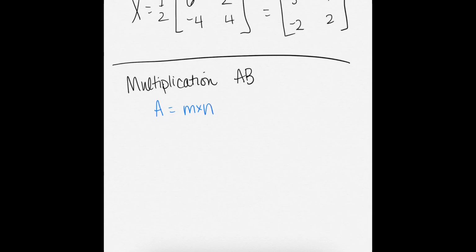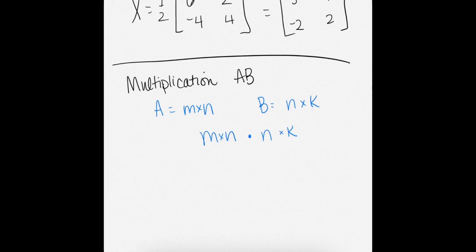If A is an M by N matrix, B is an N by K matrix, so we are multiplying AB, so M by N times, I'm going to use a dot here because I'm using X for my dimensions, N by K.